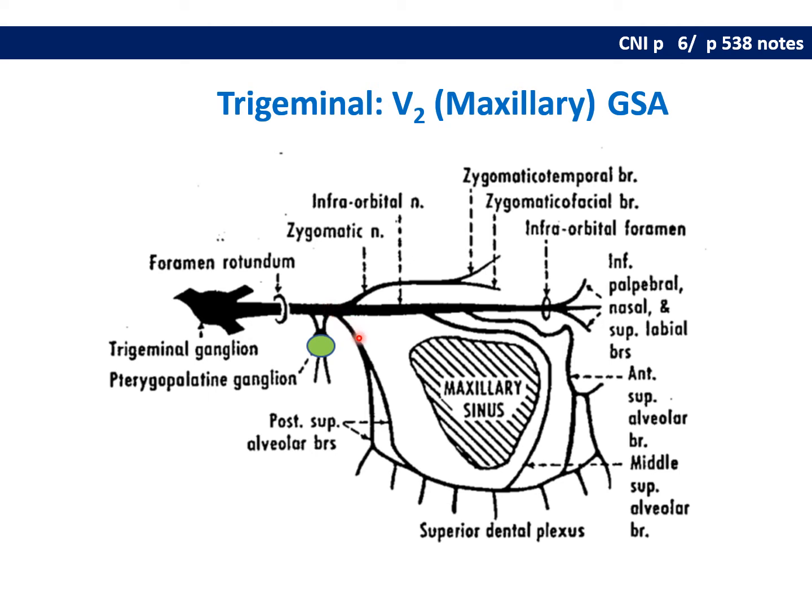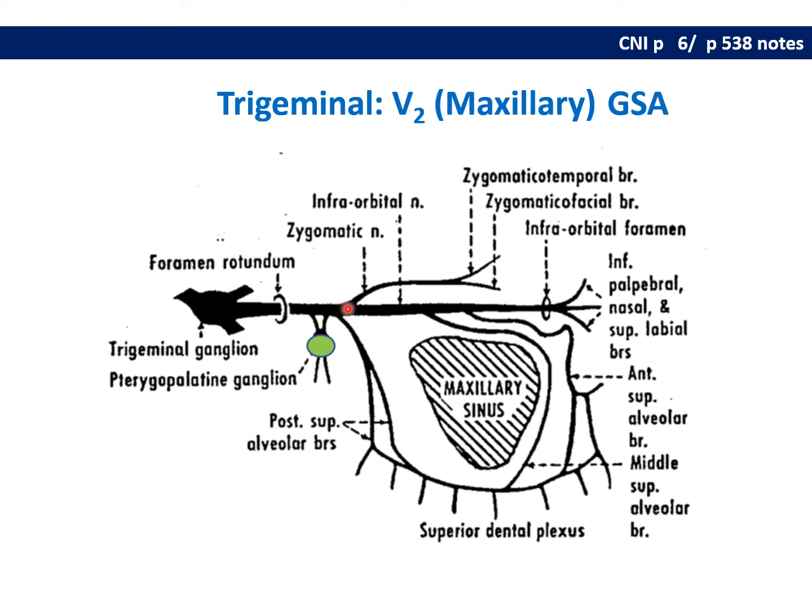The posterior superior alveolar branches come out of the pterygomaxillary fissure and go into the posterior superior alveolar foramen on the backside of the maxillary bone.